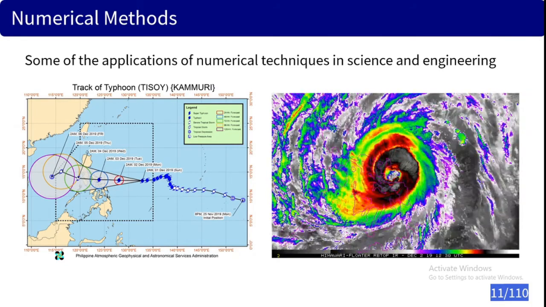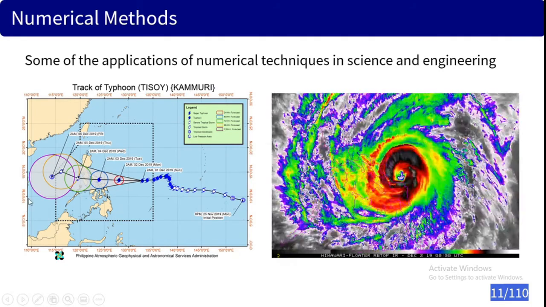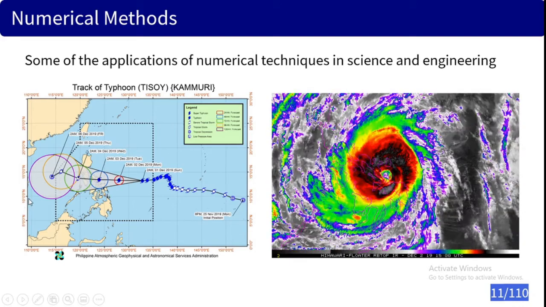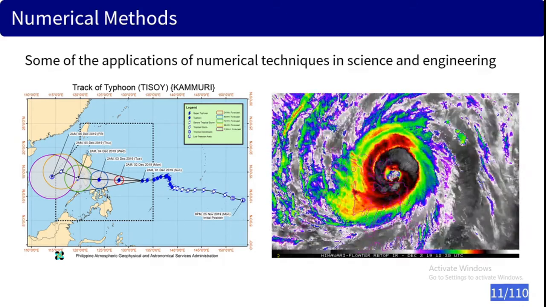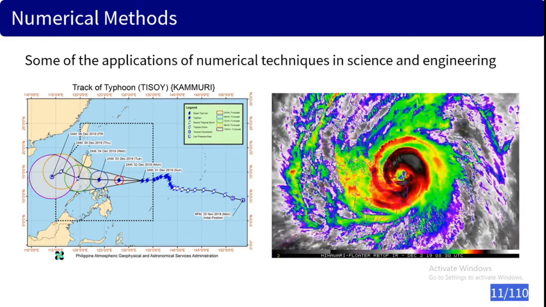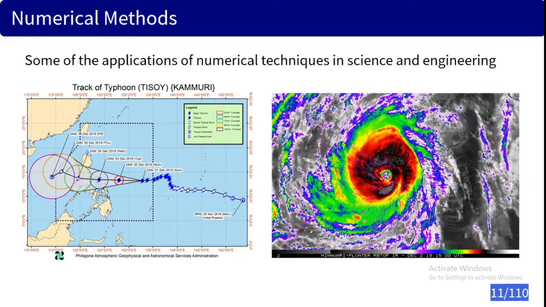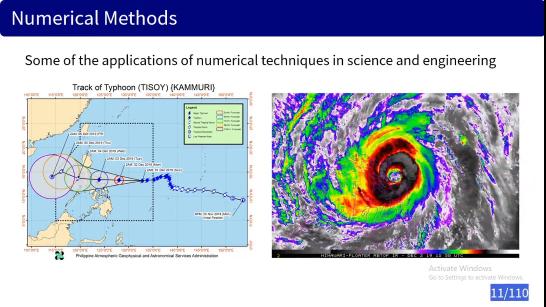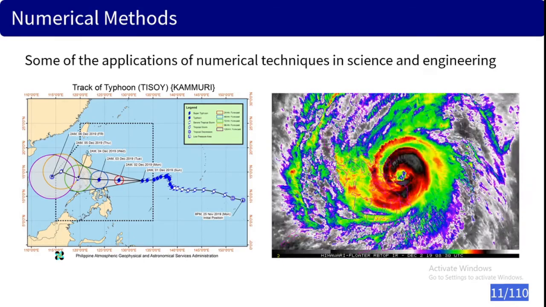So makita na to diri no sa left side sa inyong presentation nga nagkadako ang circle as ang projection sa direction sa typhoon is nagkalayo.